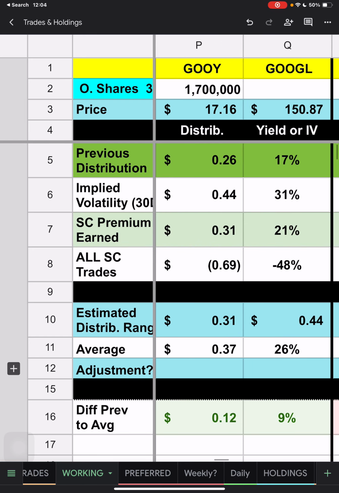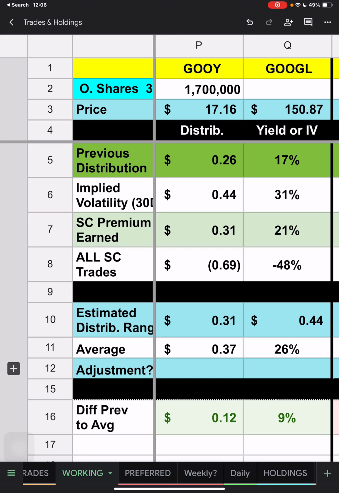So we have GUI here. And let's see, previously it paid 26 cents. All right, so they paid 26 cents, which is almost their lowest distribution so far. Their lowest was 23 cents. But if we look here, the premium earned is 31 cents.